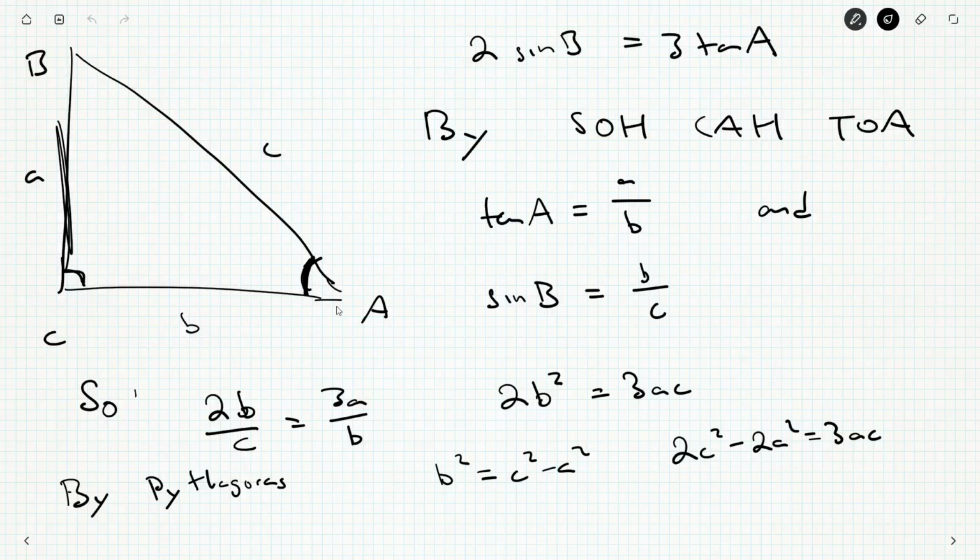Like if I could recognize that b over c had to be, I don't know, root 3 over 2, that's an angle that I know. That would say sine of B has to be root 3 over 2, which tells me B must be 60 degrees, and therefore A is 30 degrees. So I'm looking for ratios like that. Do I have enough information for something like that? That's the challenge here.